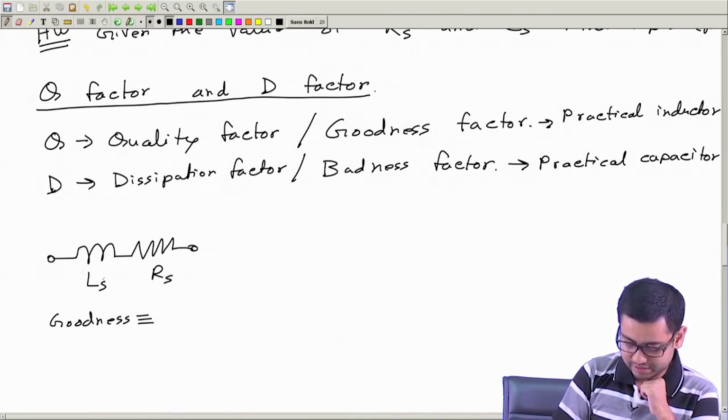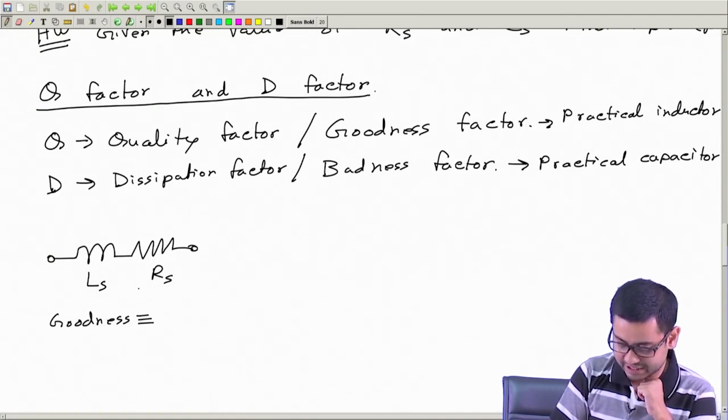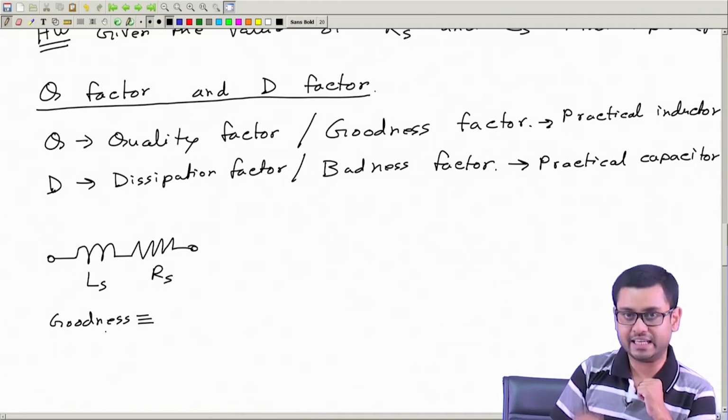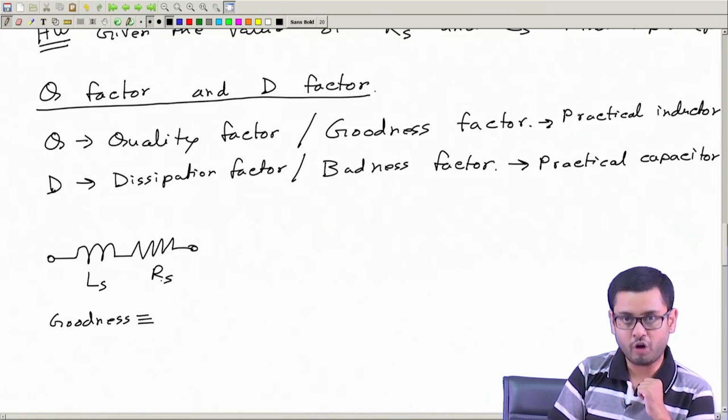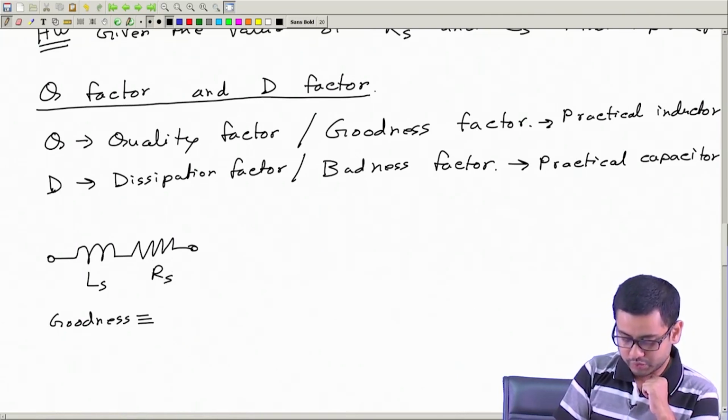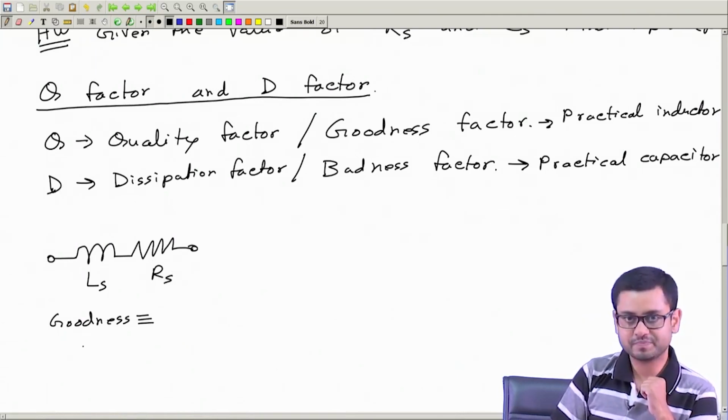So this goodness factor or Q factor will tell us how close this practical inductor is to an ideal inductor. It will be good only if this Rs is small compared to the value of the inductance.